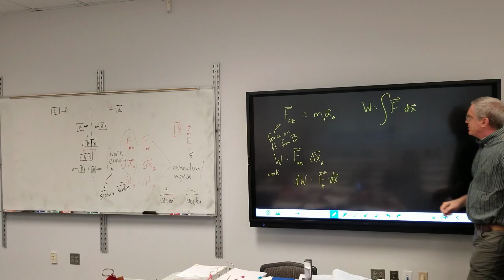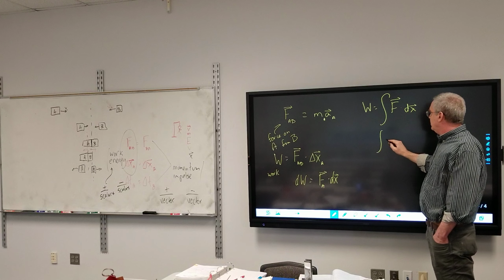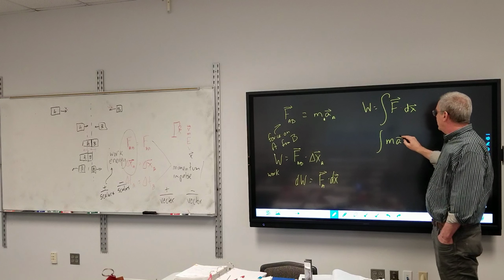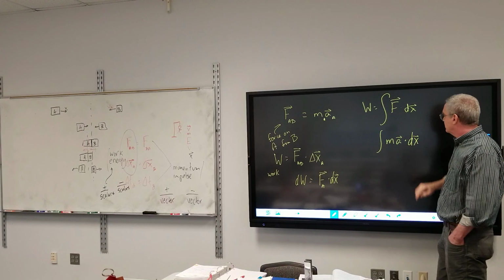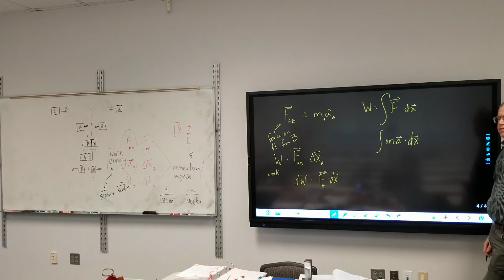I know force is mass times acceleration, so this becomes the integral of mass times acceleration dot dx. It is a dot product. And what is acceleration?